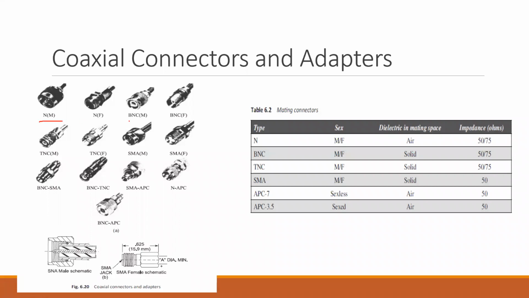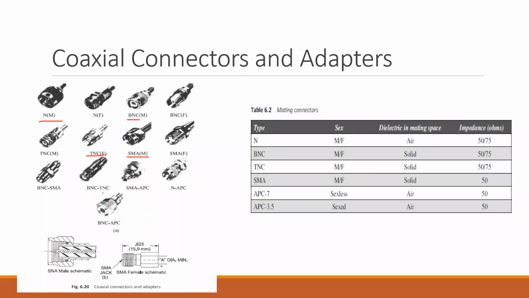We have the Navy connector, then the BNC, which is called the Bayonet Navy connector. Then we have the TNC, which is termed the Threaded Navy connector. Then SMA, that is the Sub Miniature version A type of connector. And APC is the Amphenol Precision Connector, a miniature connector that we can observe here.